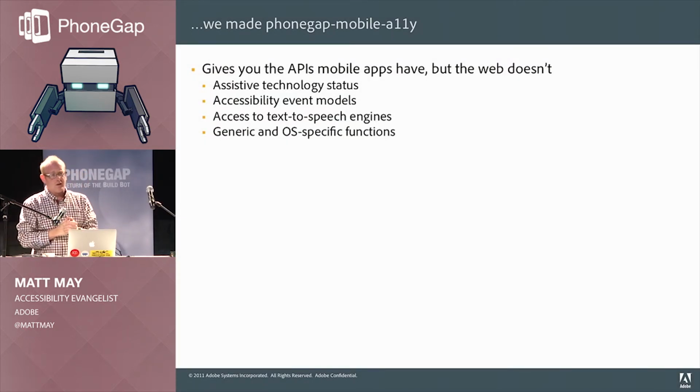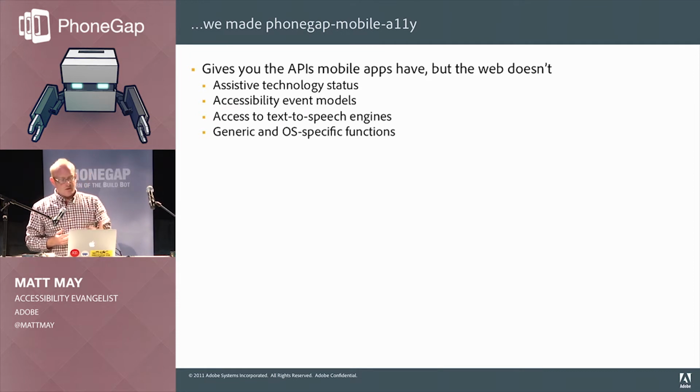This is a plugin. It's already readily available. We have the repository on GitHub. It is blessed for use with Phonegap Build. And it gives you all the APIs that each operating system has that you're not able to ask for on the web.